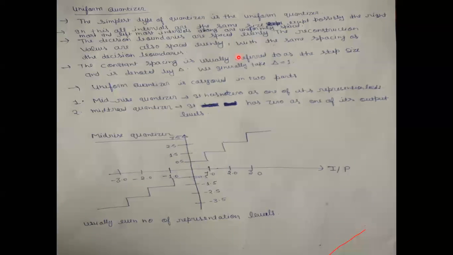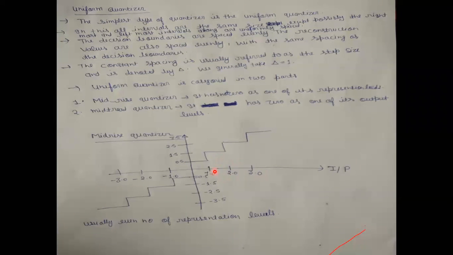So how many end points are there in the intervals? One end point is 1, another end point is 2, another is 3, and another is 4. So in total there are 4 end points for the intervals 1 to 2, 2 to 3 and 3 to 4.